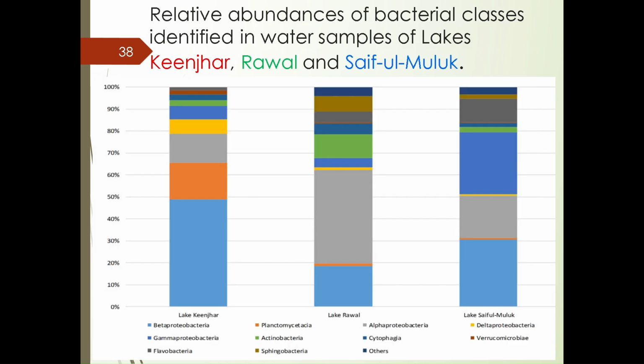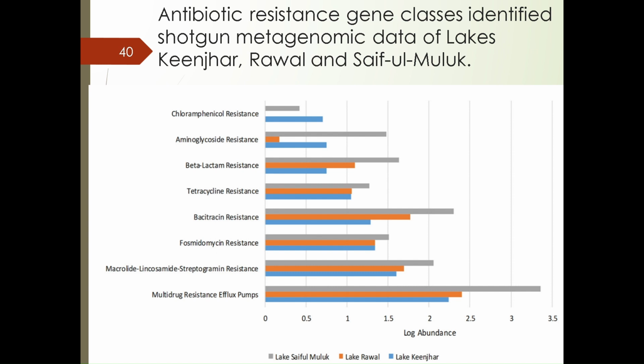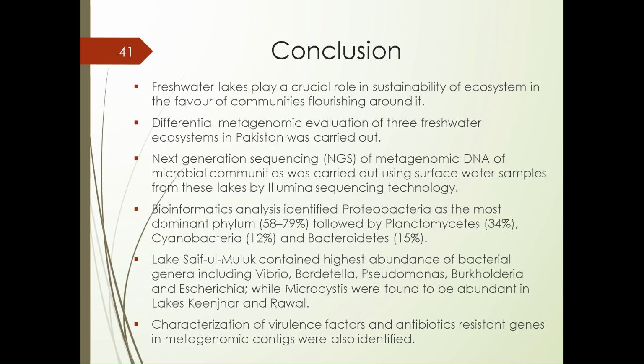Then we carried out their metagenomic bacterial genomic analysis and gene annotation, to see what types of genes are there in the bacteria in these lakes. The highlight of this study was the antibiotic resistance genes present in the water samples. Interestingly, we found that the water in Lake Saiful Malook contains bacteria with a higher number of antibiotic resistance genes.